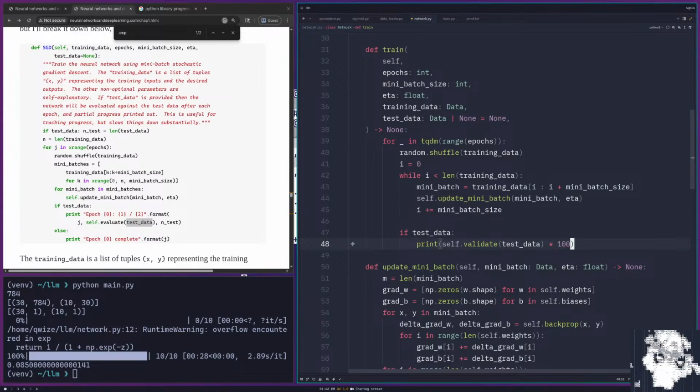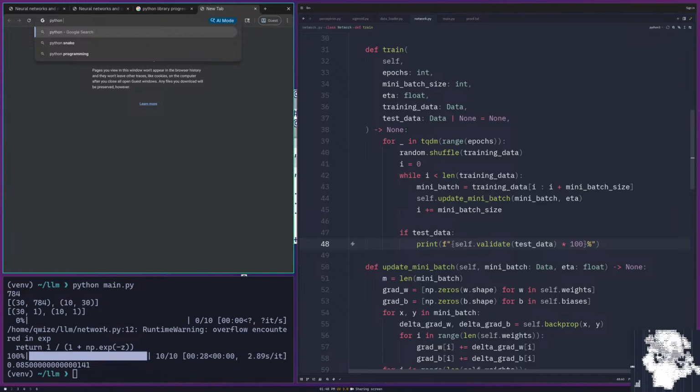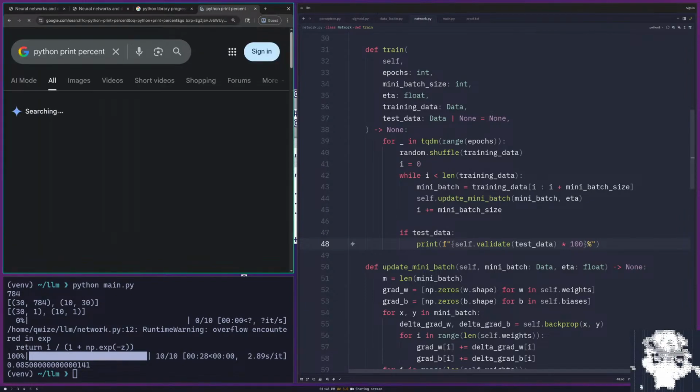Multiply that by 100 and add a percent symbol on the end. There's a better Python way to do this. Python print percent.